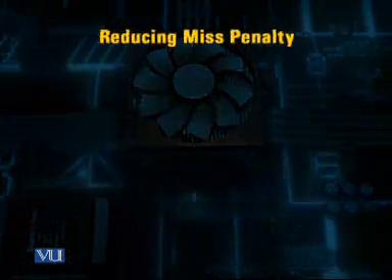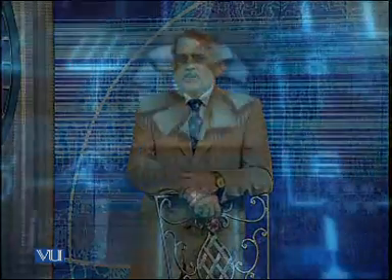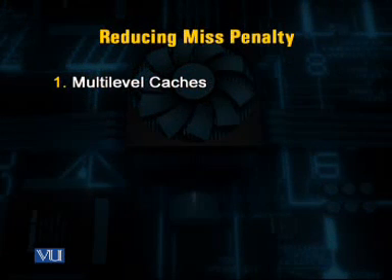Now, today we will discuss different techniques to reduce the miss penalty. There are 5 different techniques which are used to reduce the miss penalty. These techniques are the use of multi-level caches.